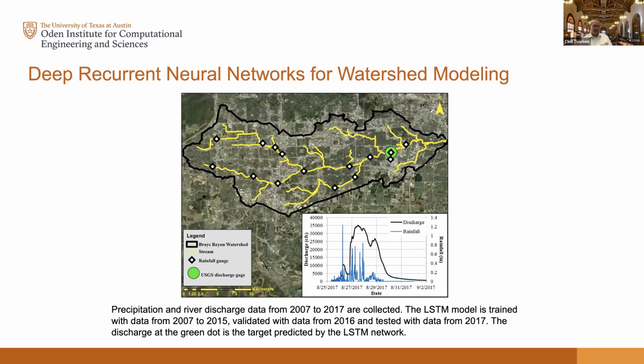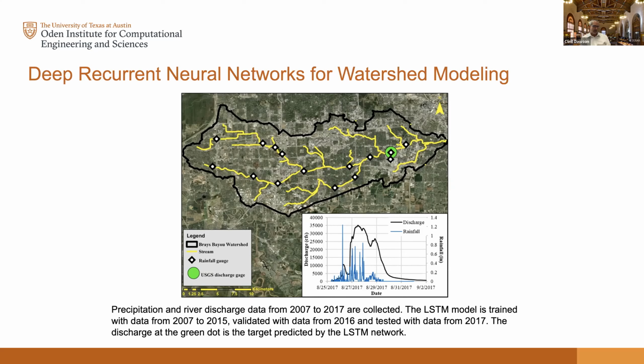Just to show an example for Brays Bayou, these are the rainfall gauges. You can see how many rainfall gauges there are. This is where the USGS gauge is located. So this is what we're trying to look at. We collected precipitation and river discharge data from 2007 to 2017.